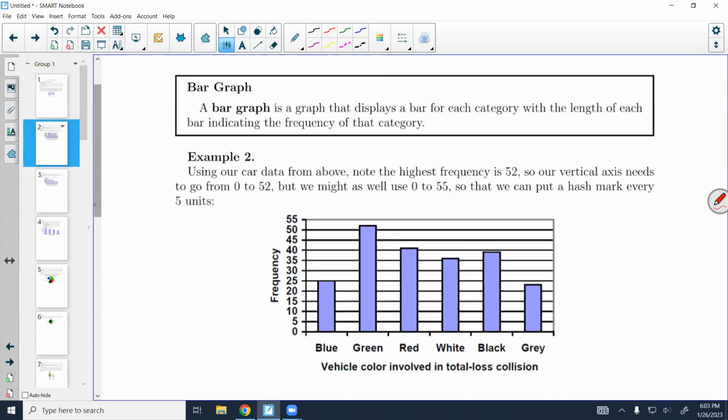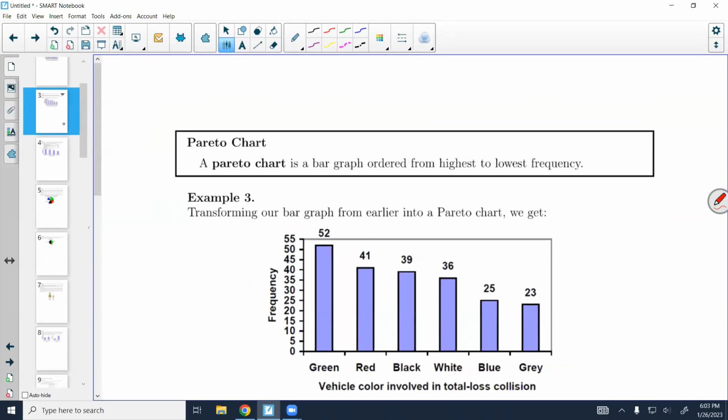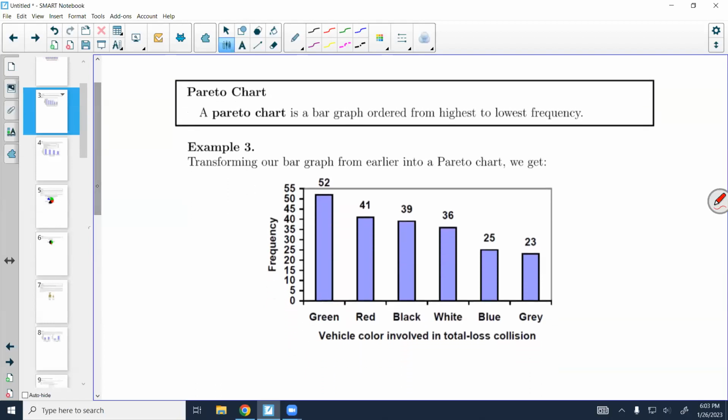We have a vehicle color here, and then the frequency, they were in accidents there. Here we have another chart called a Pareto chart. This is a bar graph ordered from highest to lowest frequency. Again, the same information, just in a different format.